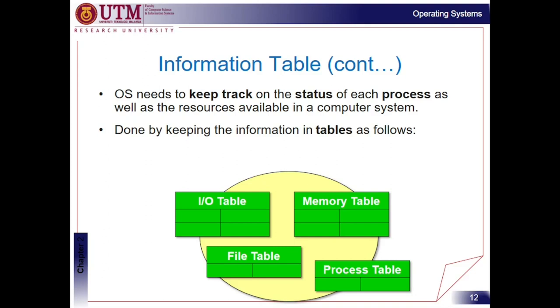A fourth table is the process table. This table contains information about the processes that are running in the system, such as their identifiers, states, priorities, CPU time, etc. The process table also links each process to its corresponding entries in the other tables, such as its I/O devices, memory segment, and files.